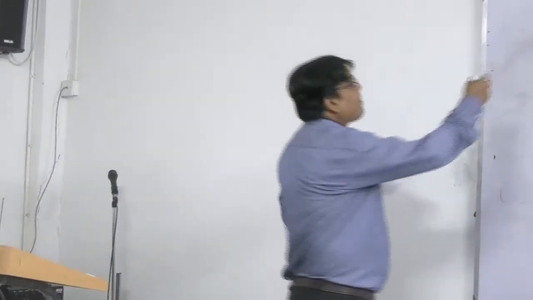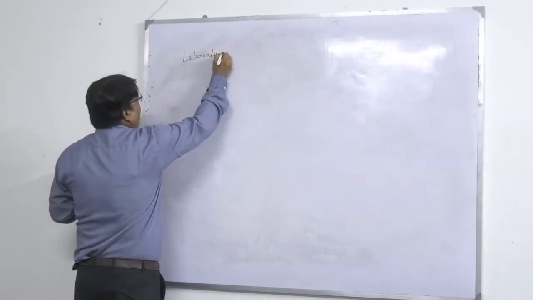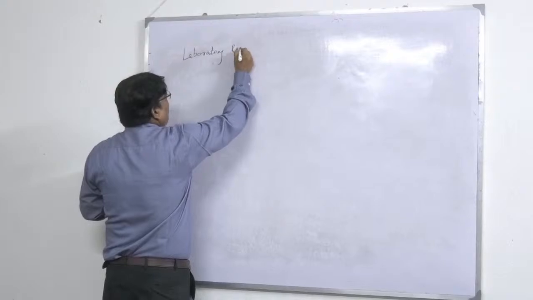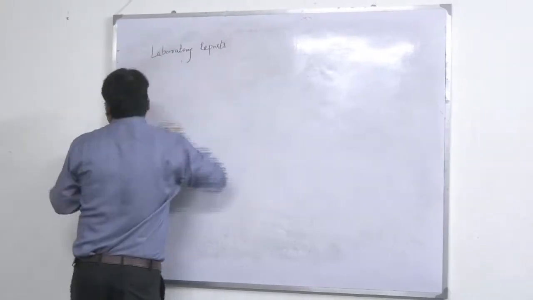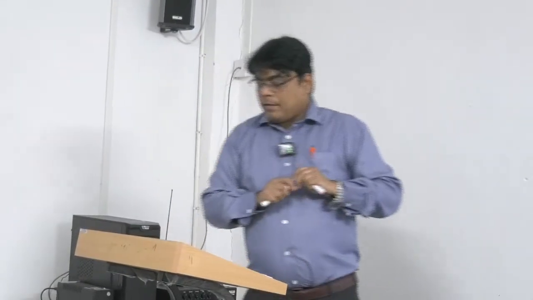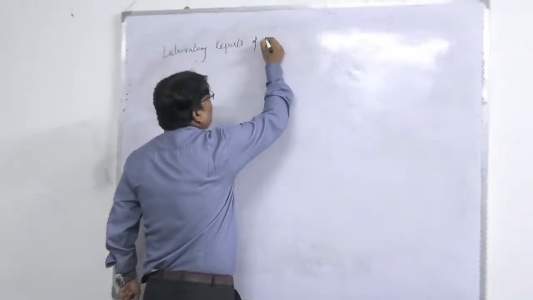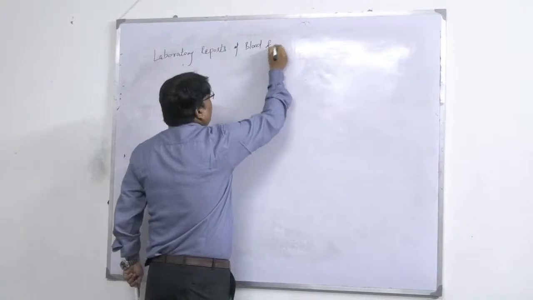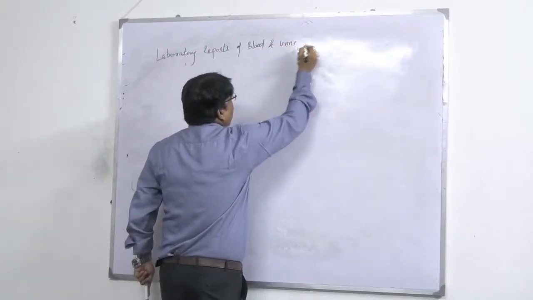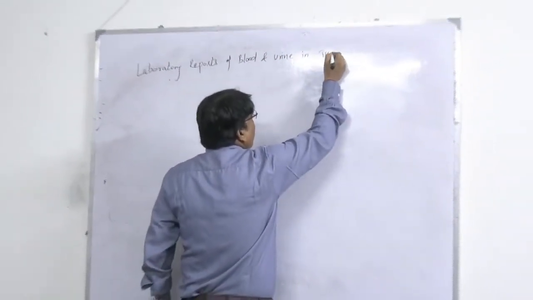Okay, now the first case, you write, I will mention it on the board. Okay, then we discuss. Laboratory reports of blood and urine in jaundice.